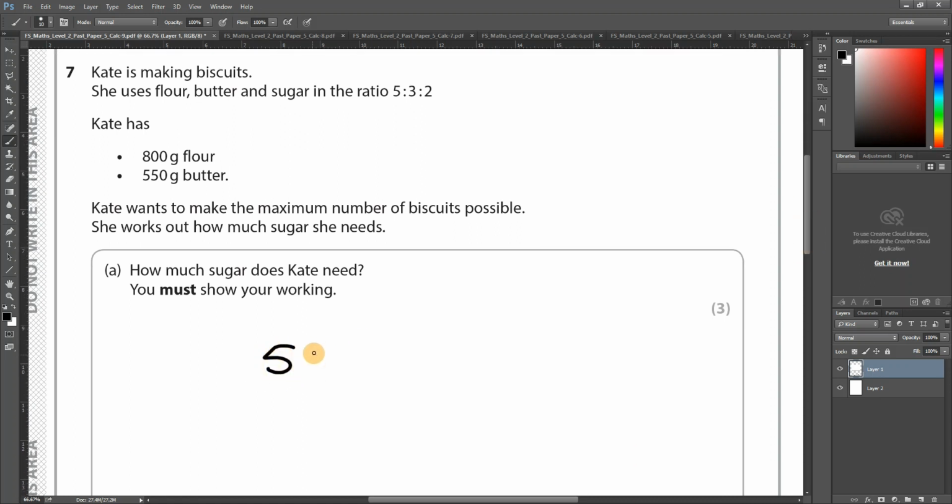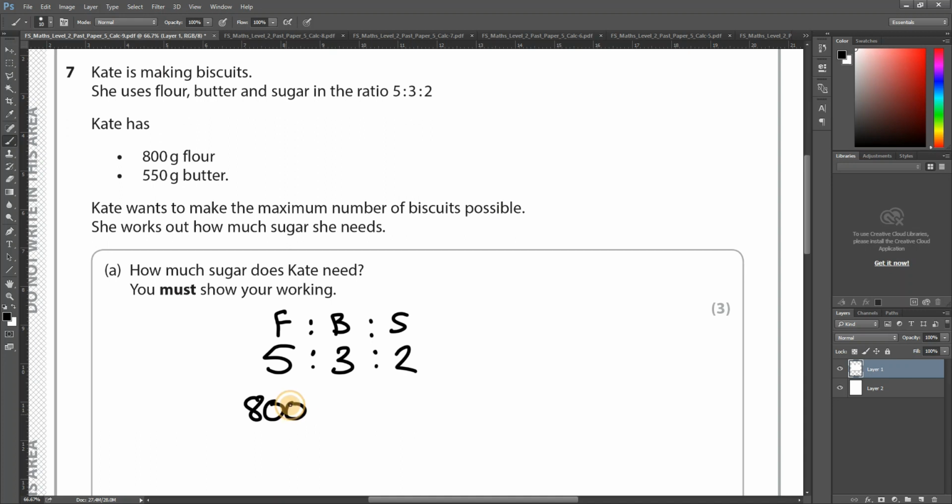So let's write this ratio down. 5 to 3 to 2. So in the order it's written, 5 is the flour, that's your butter, and that's your sugar. Okay. So she has 800 grams of flour, 550 grams of butter. So for example, let's say she's using all of the flour, 800 grams.